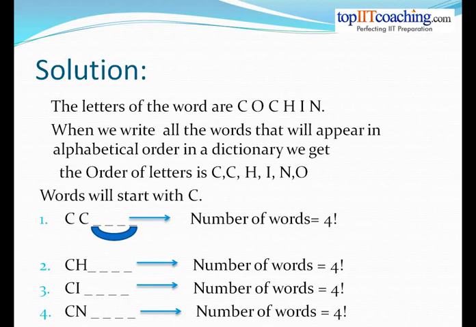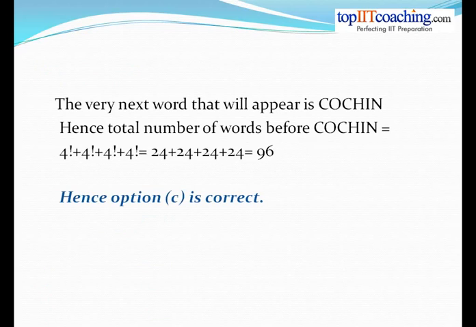Then the next letter that is going to appear at the second place is O. So the second place gets filled with O. Now the third place will be filled with A, the fourth with C, and the fifth with H, and so on. So what we see is, the very next word that will appear is COACHING, and that is the required word we need.